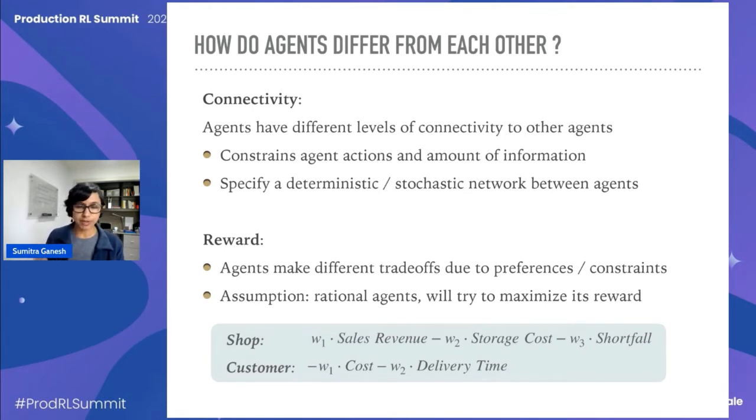And you could capture that variation by assigning different weights to these terms in the reward function. So every shop has the same form for the reward function, but different weights. And you can get different types of shops by specifying these weights. And the combination of these weights in the reward function and the connectivity parameters are together referred to as the type parameters for the agent. And you could do a very similar thing for the customer.